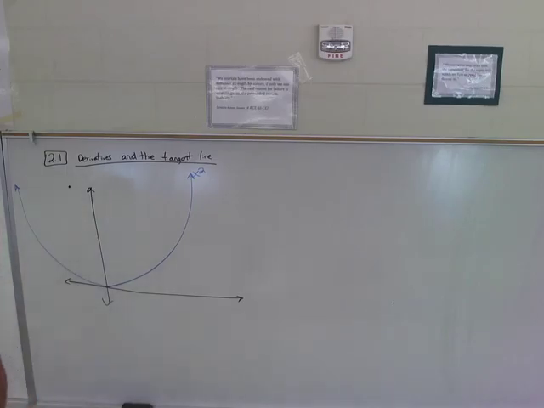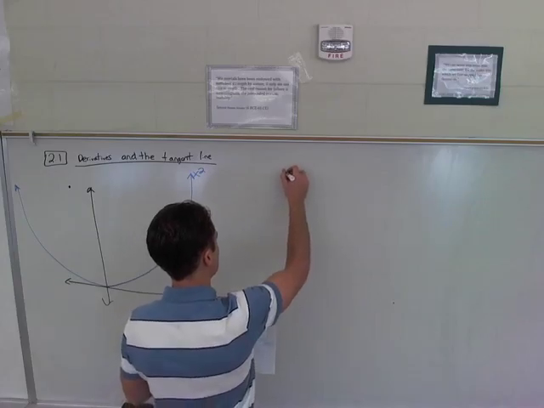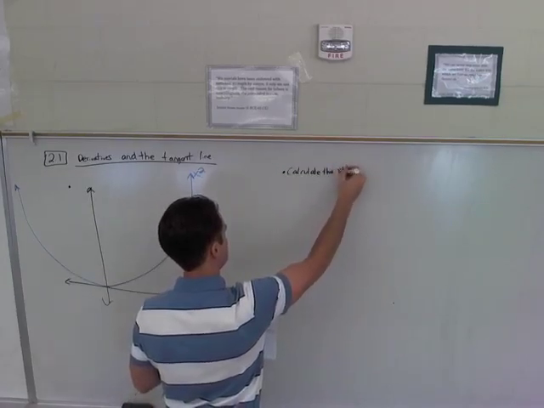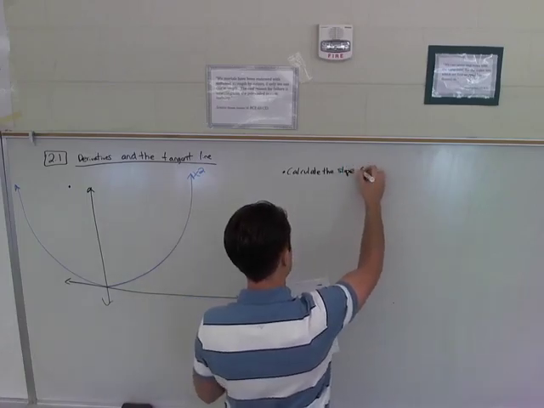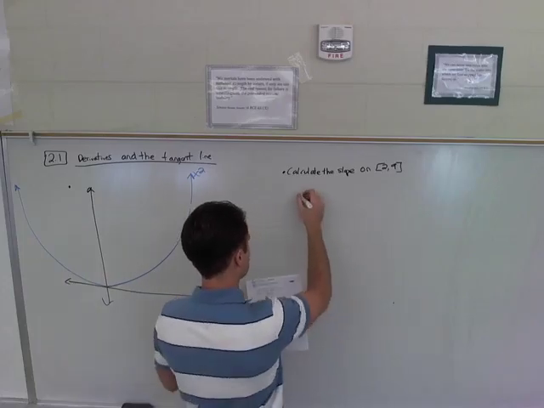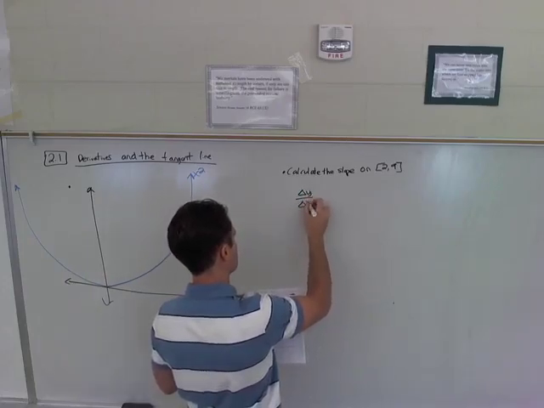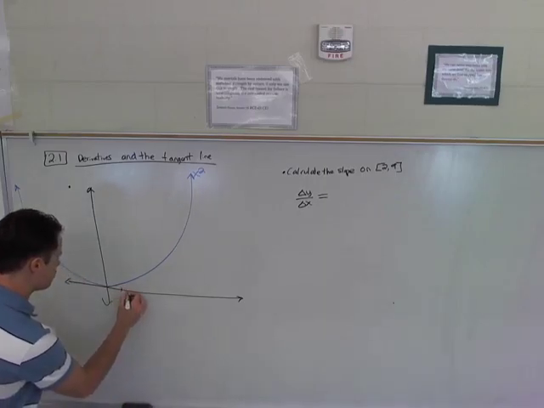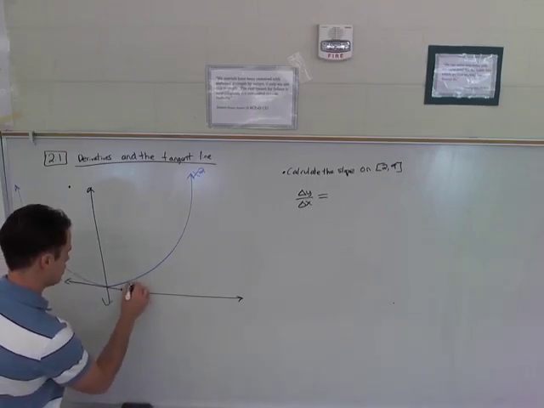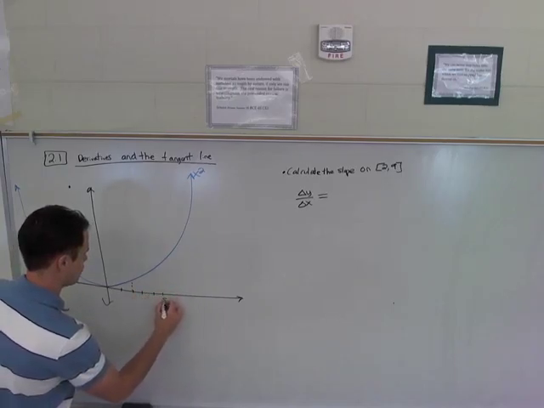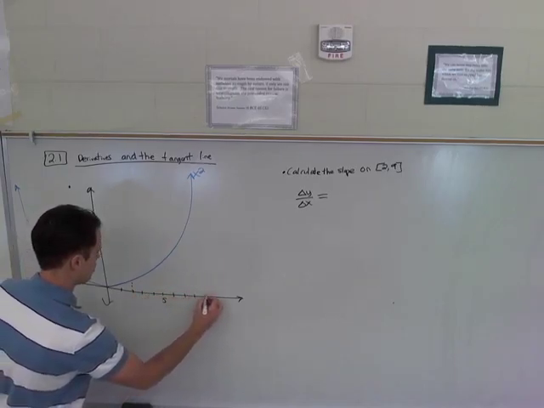Okay. All right. So let's just calculate the slope on several different intervals. Let's start with just on 2 to 9. Okay? So we'll go change in y over change in x, and we'll figure out what the slope is. So here's 2, 3, 4, 5, 6, 7, 8, 9.